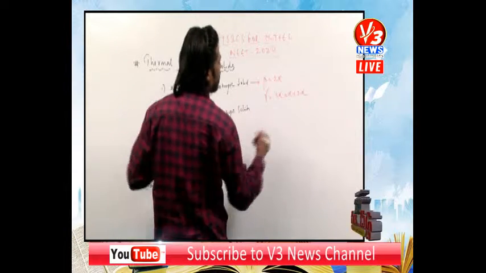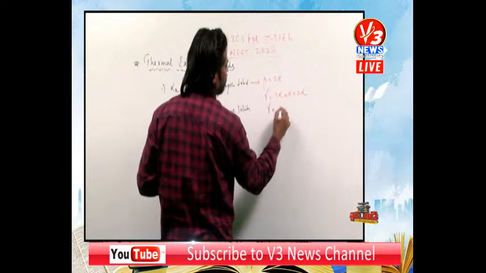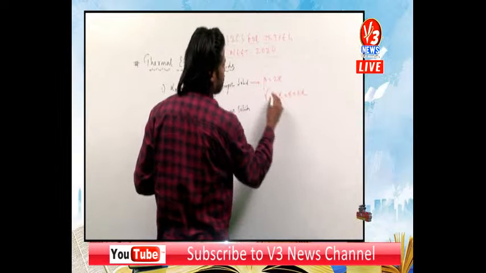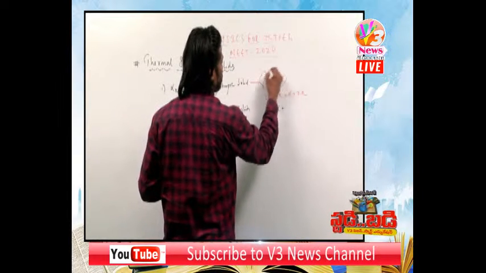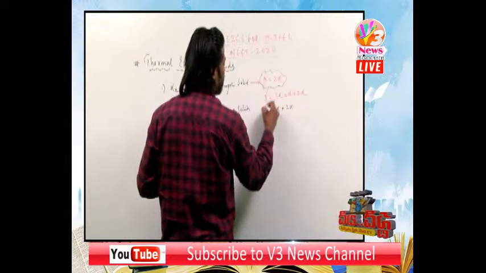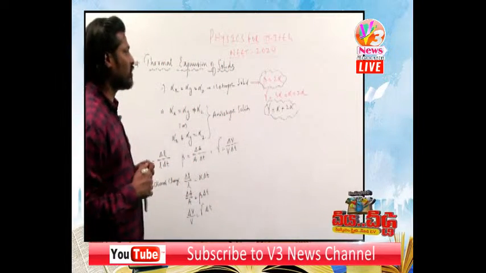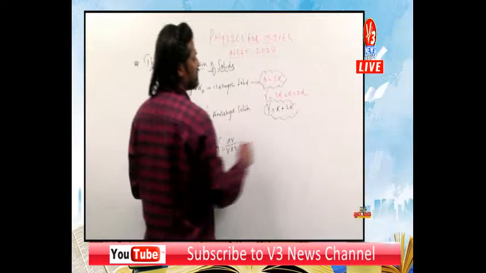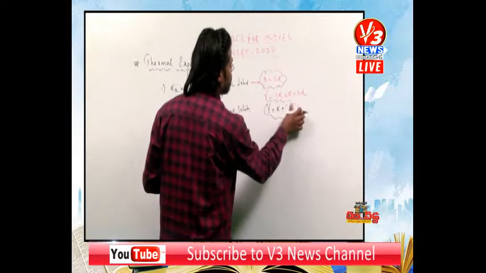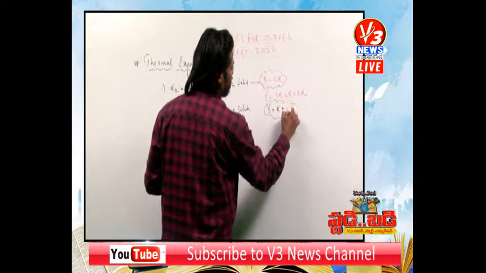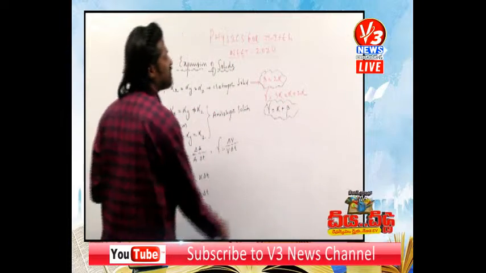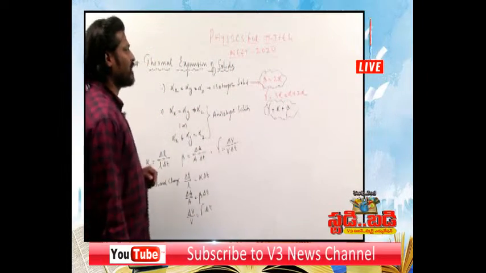That means gamma is equal to alpha plus 2 times alpha. 2 times alpha is nothing but beta. So, gamma is equal to alpha plus beta.